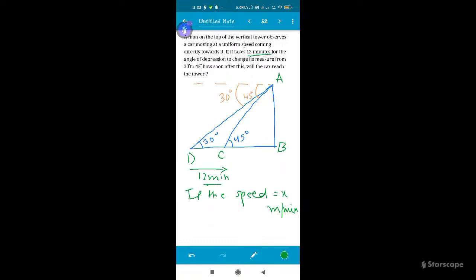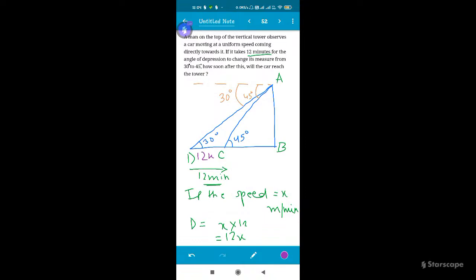The distance will be equal to speed into time, that means x into 12, which gives 12x. So the distance CD is equal to 12x, where 12 is the time required and x is the speed of the car.